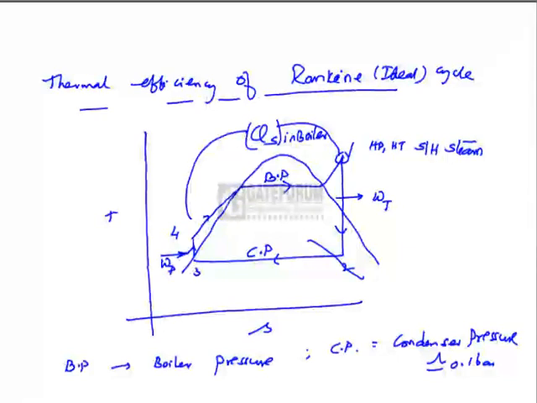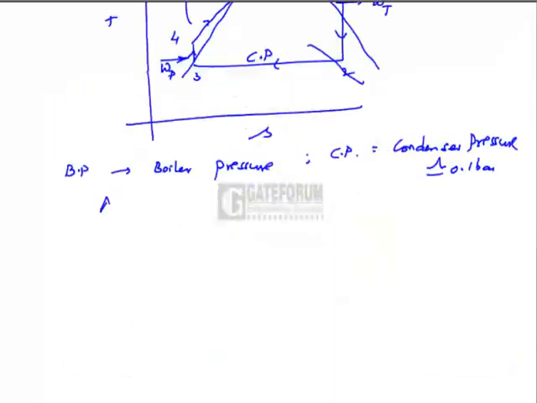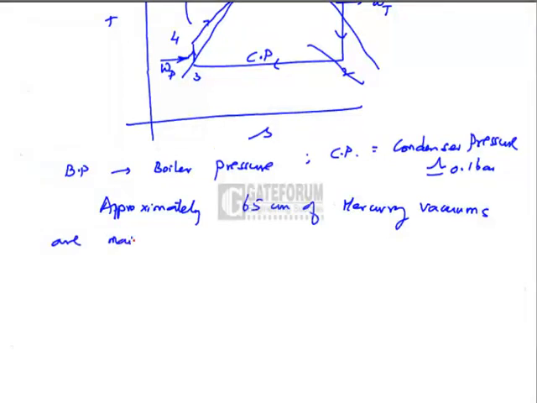Approximately 65 centimeters of mercury vacuum is maintained in the condenser of a steam power plant.